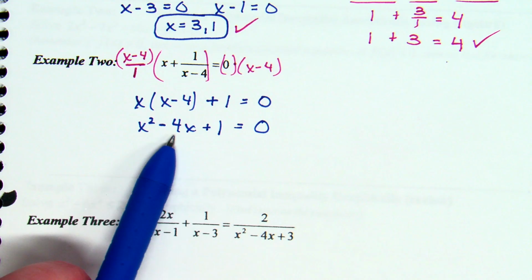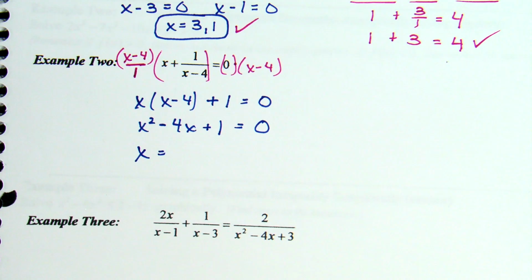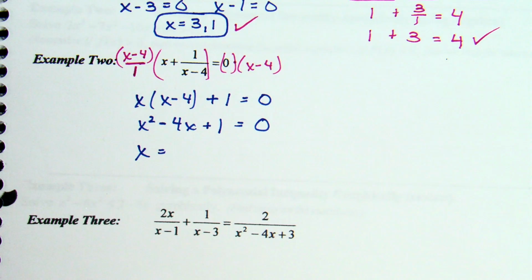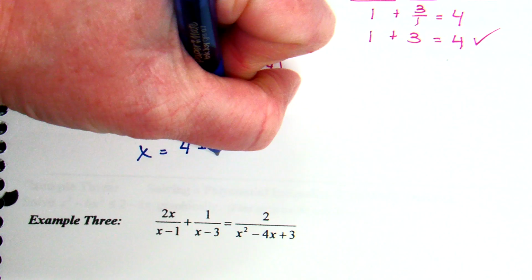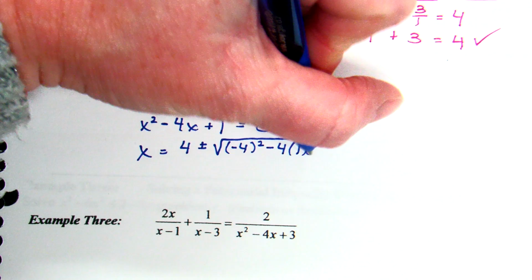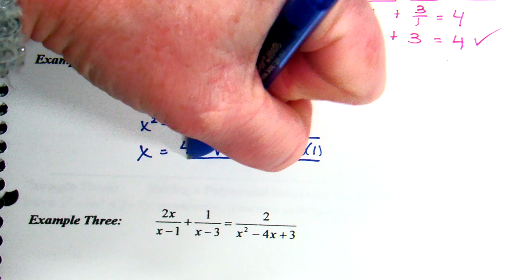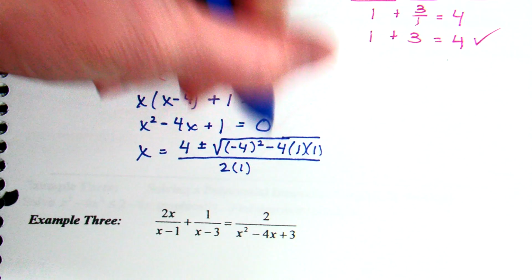Okay, here we go. X equals negative b. So what's negative b? 4 plus or minus the square root of b squared. So negative 4 squared minus 4 times A, which is 1, times C, which is 1, all over 2A, or 2 times 1.